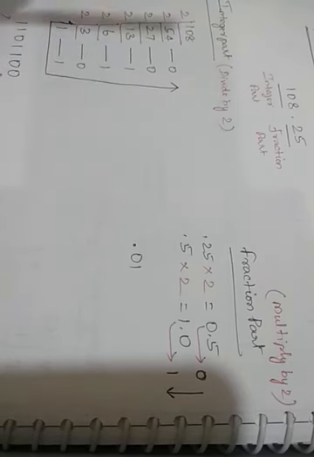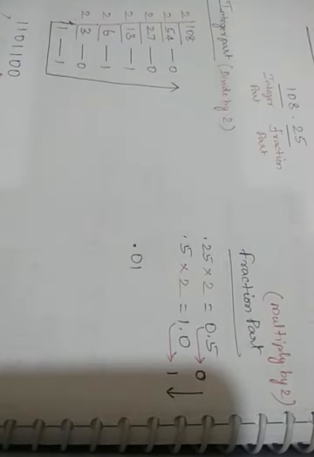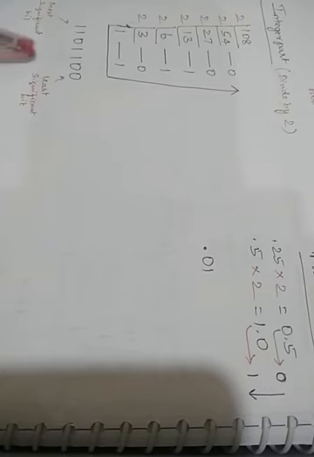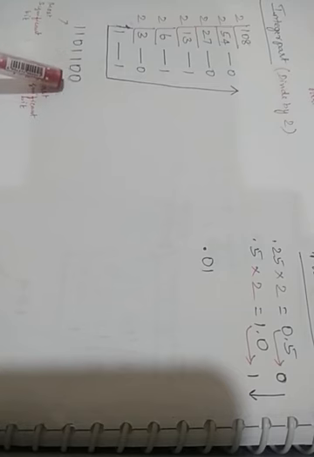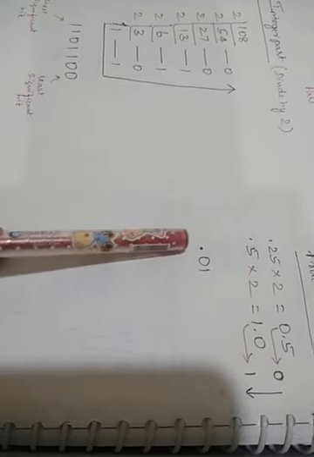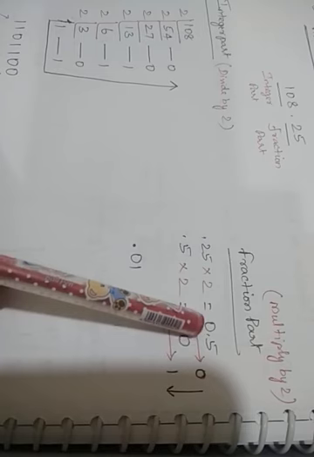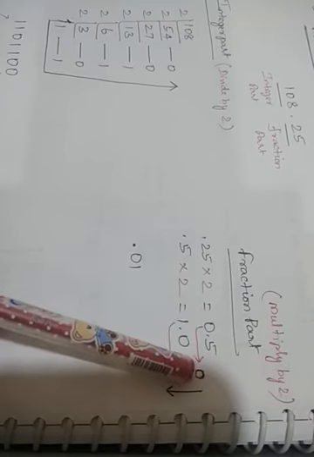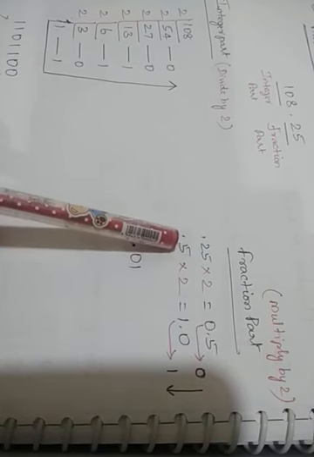Remember, for the integer part it is bottom to top, and for the fraction part it is top to bottom. So the integer part is 1101100 and the fraction part is 0.25. Multiplying by 2, I get 0.5, so I take the 0, which is the integer part, out, and the fraction part is multiplied by 2 again.